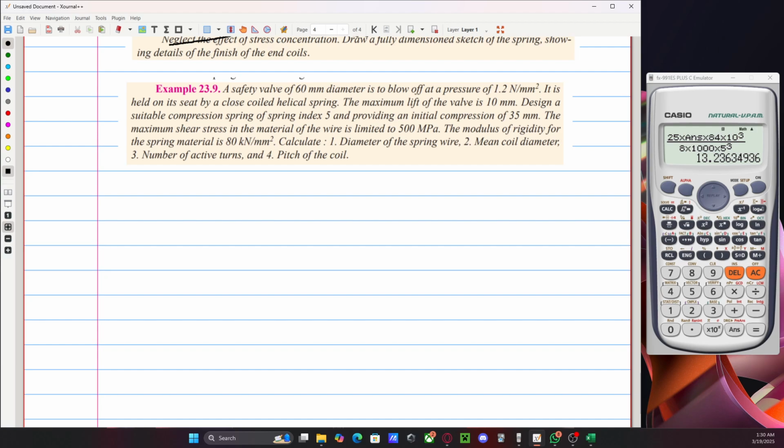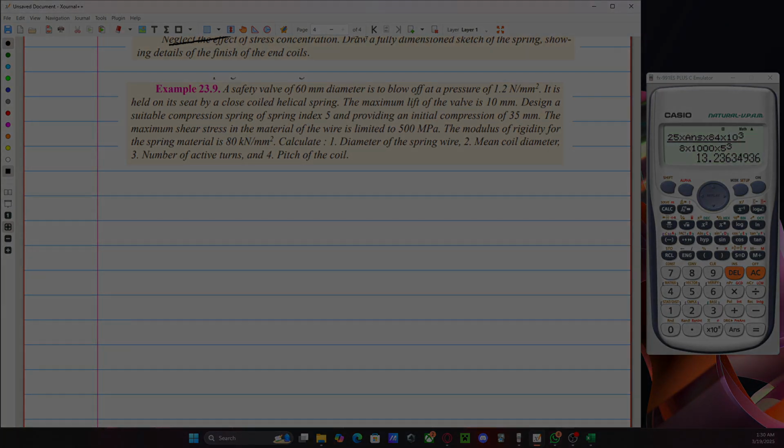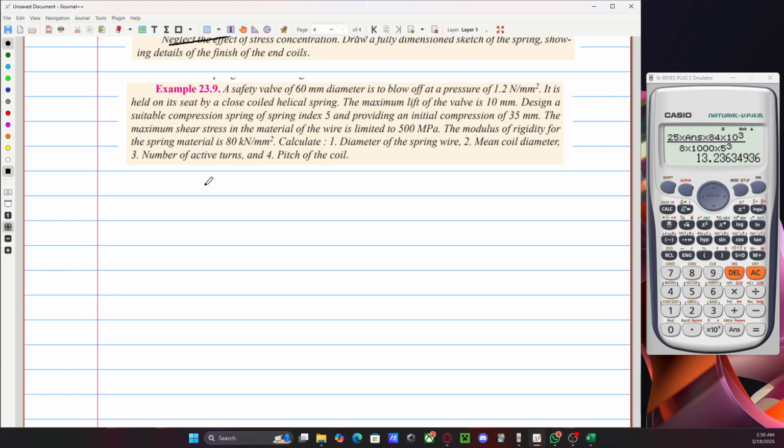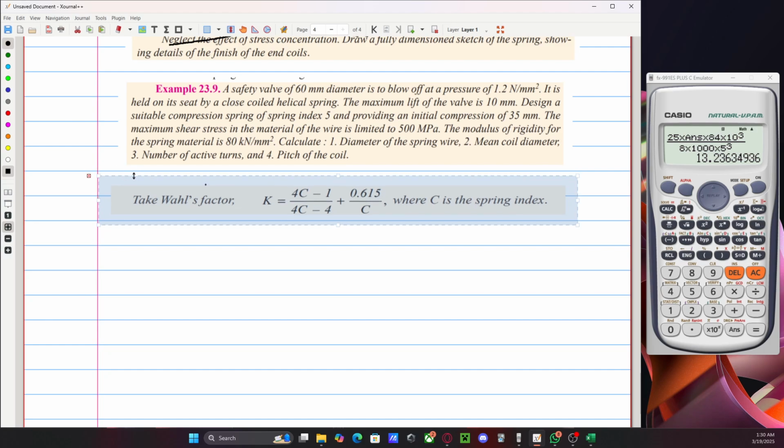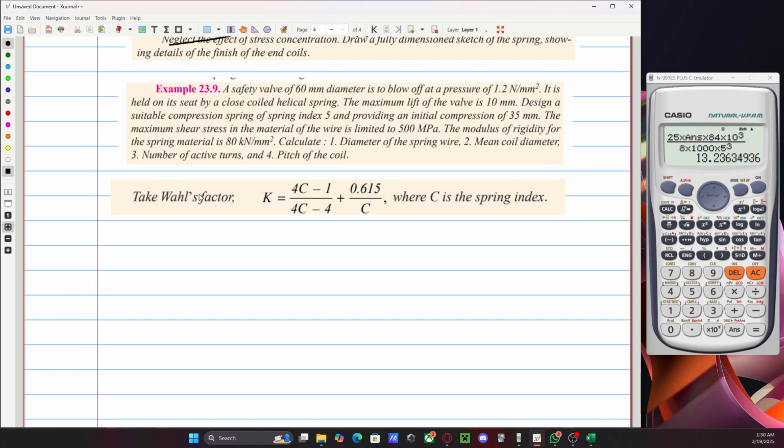So we're given the following information, and they also tell you to take Wahl's factor in this example here. Obviously, we can use it based on what's given to us over here.